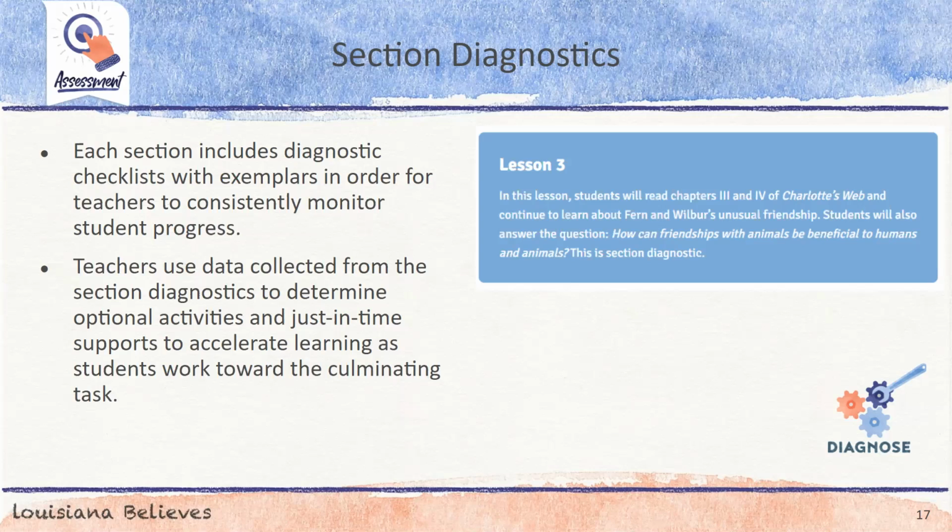So just a reminder, in this lesson, students are going to read chapters 3 and 4 of Charlotte's Web, and they are going to continue to learn about Fern and Wilbur's unusual friendship. Students will also answer the question, how can friendships with animals be beneficial to humans and animals? And it will note in this that this is the section diagnostic.